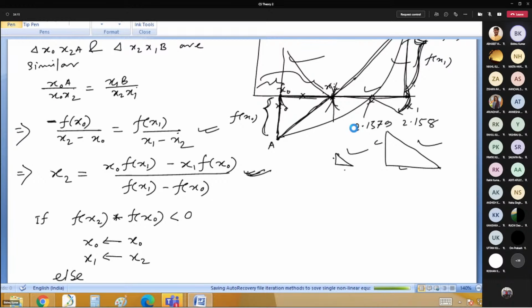Can you see these subintervals are so teeny? At that time you can write the root is approximately 2.15 or 2.16.